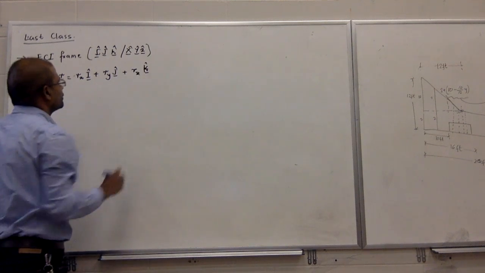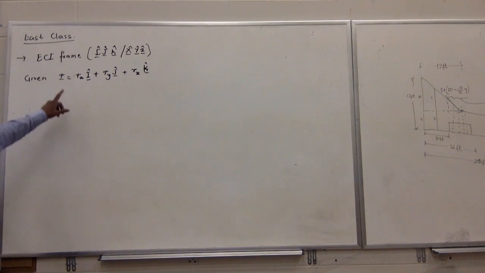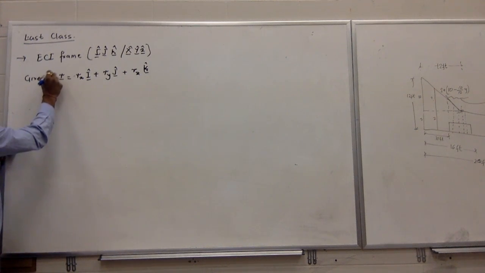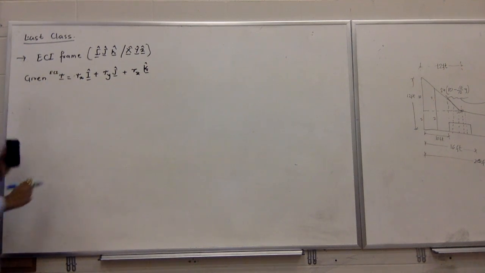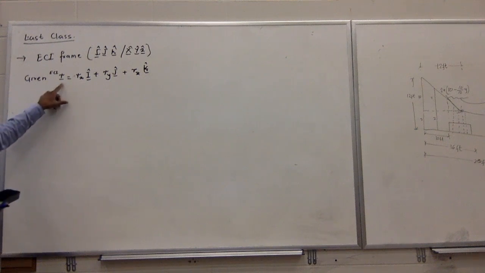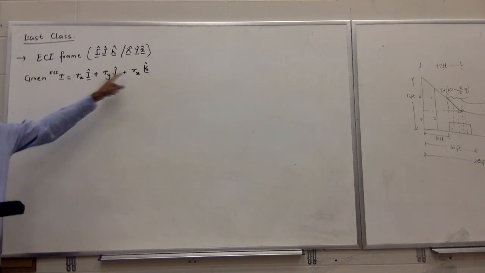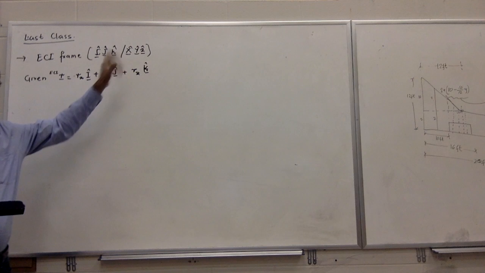If I say ECI here, it just means vector R as represented in ECI is Rx in I direction, Ry in J direction, Rz in K direction.